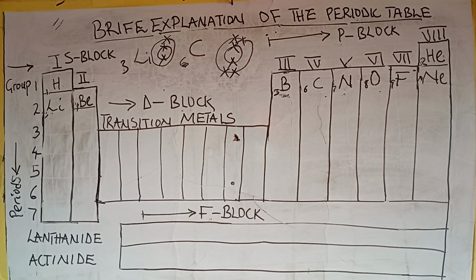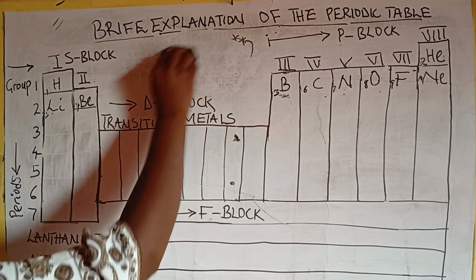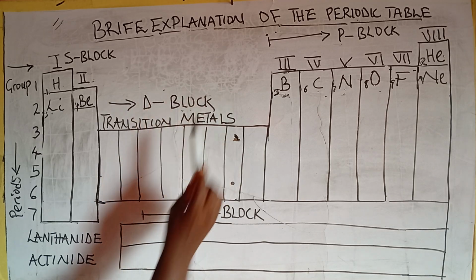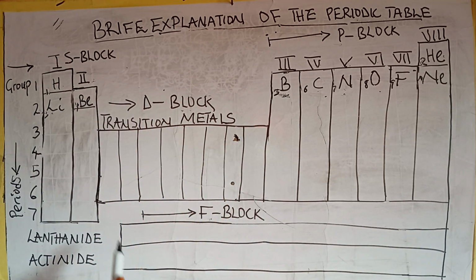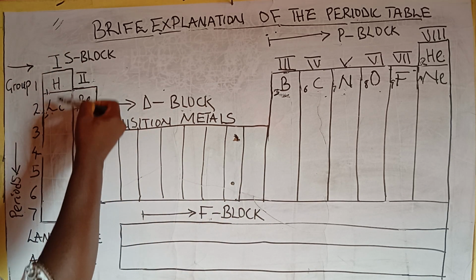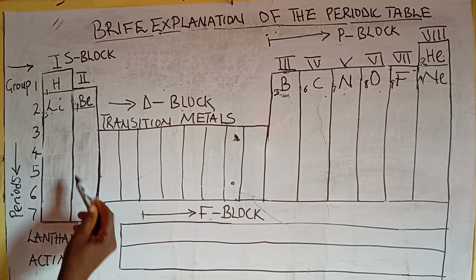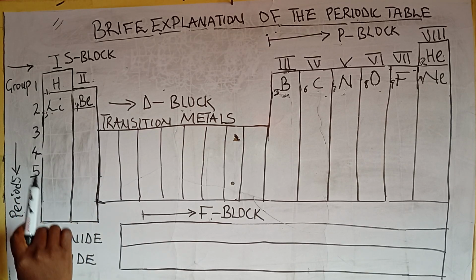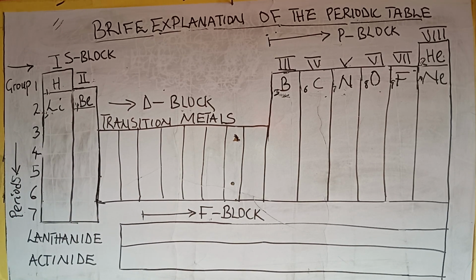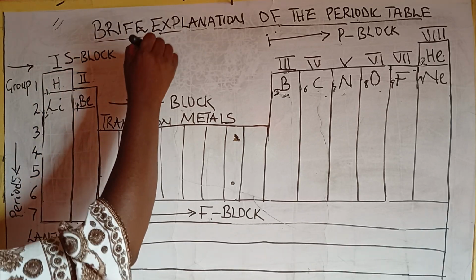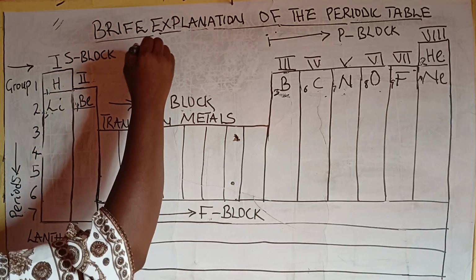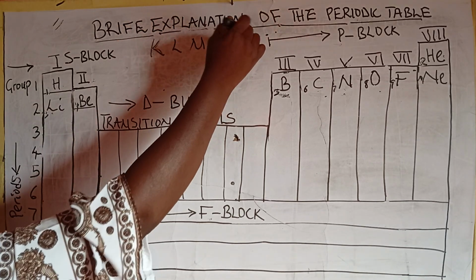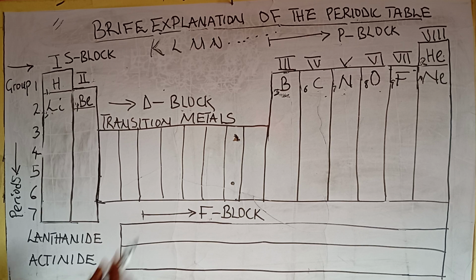Now we look at the blocks. Here we have S block, P block, D block, and F block. The S block elements, the group 1, the alkali metals and the alkaline earth metals, are called the S block elements because the shells, the K, L, M, N, O, P, and so on, have what we call subshells.